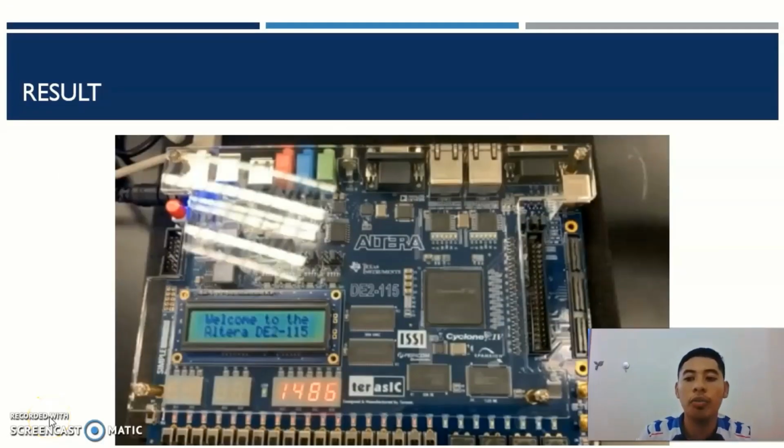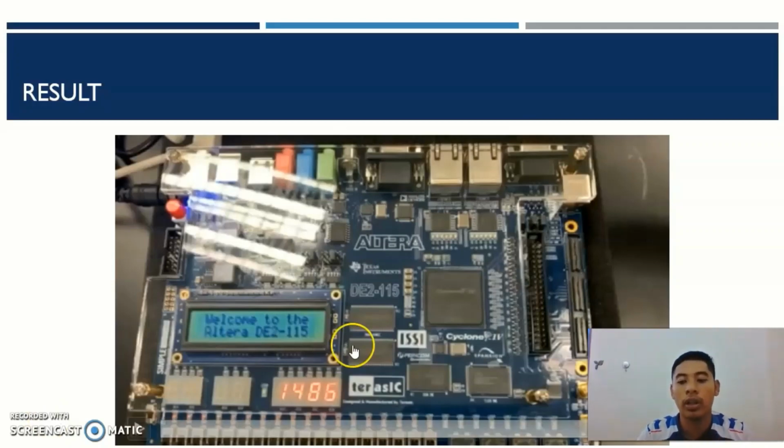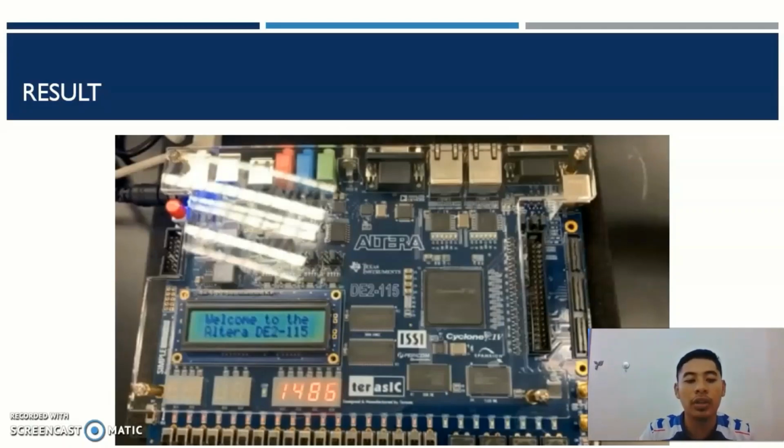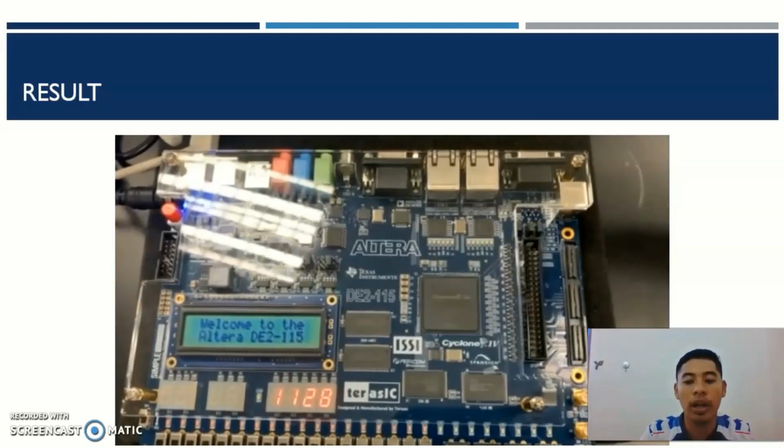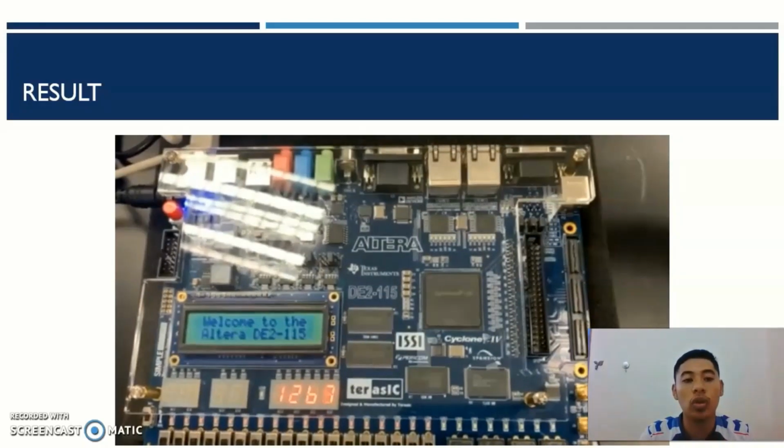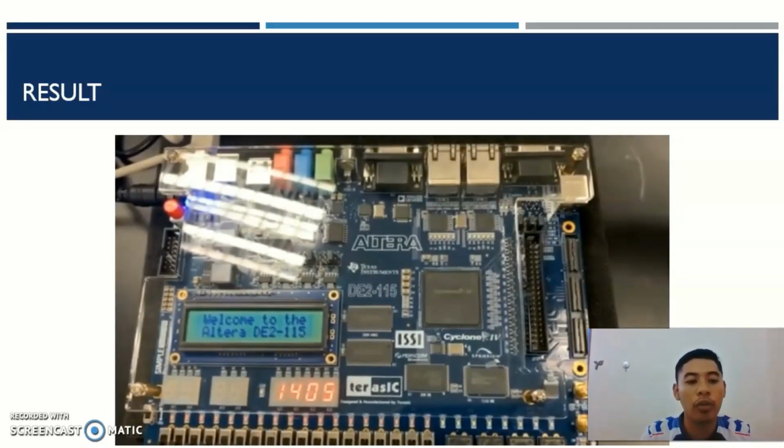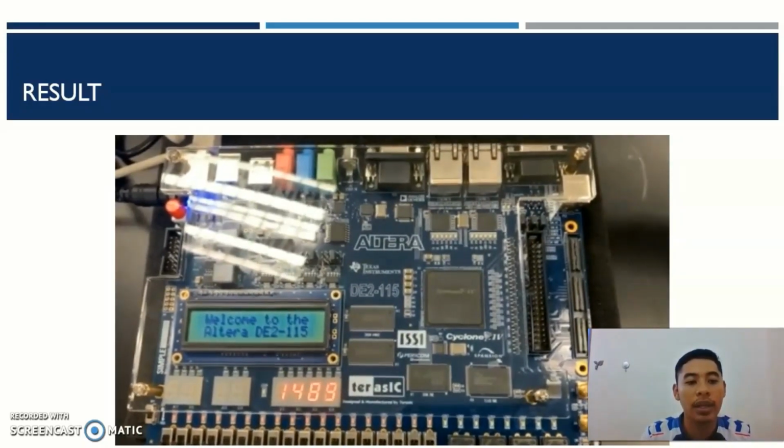Finally, the output of the program can be observed on the DE2-115 development board. The 7-segment display is showing the output result of the counter that runs with different frequencies as created in the program description using the Quartus II software. We can look at the output on the 7-segment display.